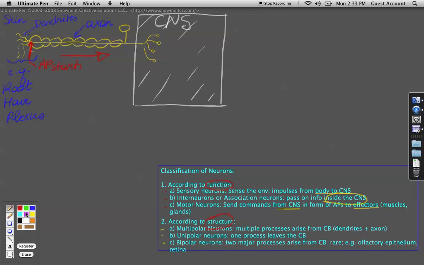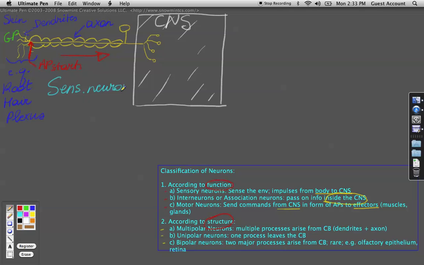Let me use green to indicate where we find our graded potentials. They occur here. Eventually these graded potentials will summate such that they can trigger an action potential, as I've already indicated.